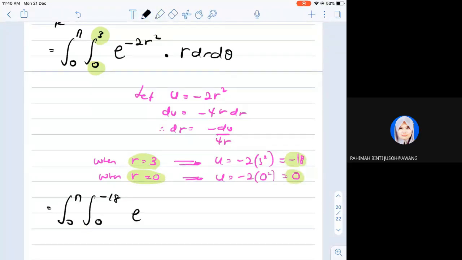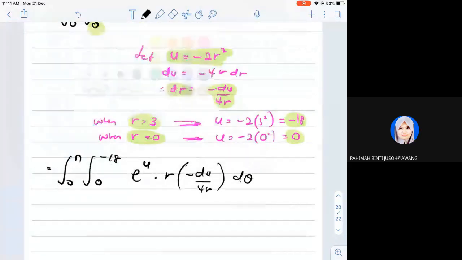And then exponent negative 2r squared. Okay, negative 2r squared becomes your u. So exponent u and then multiply by r. Okay, dr. Now, dr equals to negative du over 4r. D theta, just copy it down. Okay, so now we can cancel this r and r.